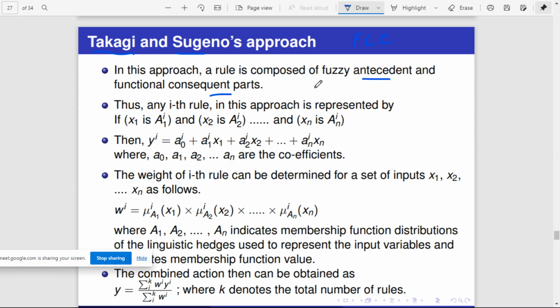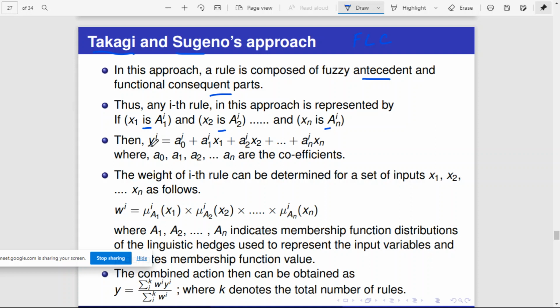Any ith rule is represented like this: if x1 is a1, x2 is a2, x3 is a3, and so on, and xn is an, then the output is given like this: yi, the output of the ith rule, is a0i plus a1i x1 plus a2i x2, and so on, up to ani xn.